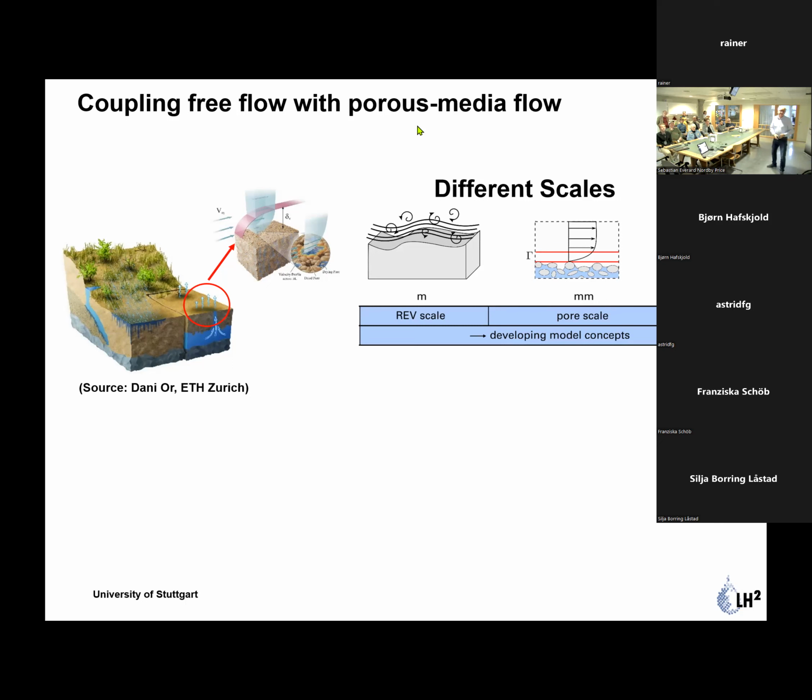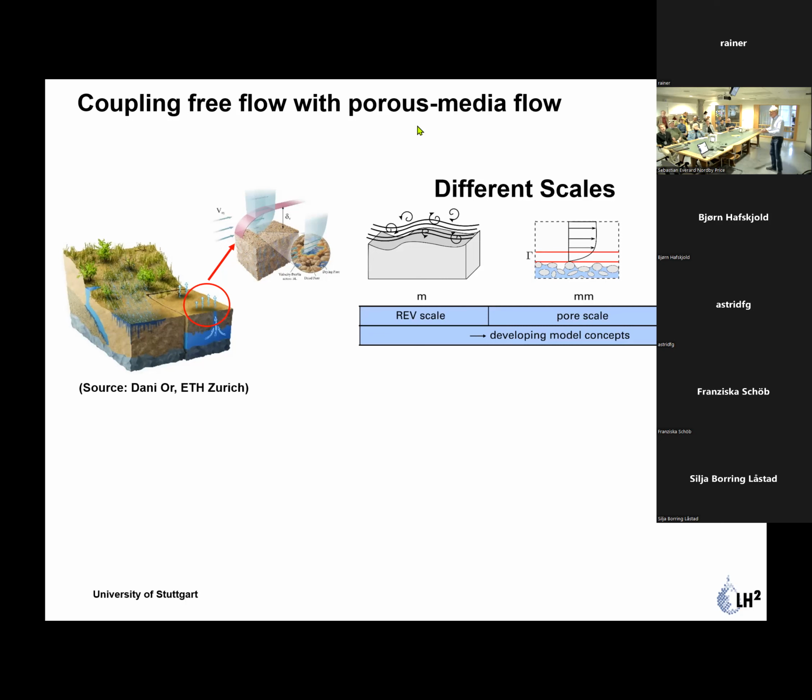Then, of course, we must transfer this to a continuum-based pore-scale concept, where we have sharp, very clearly defined interfaces, but this is not really what we can use for real applications. So we average over this, and in general we use different kinds of homogenization strategies, and we get volume-based quantities.